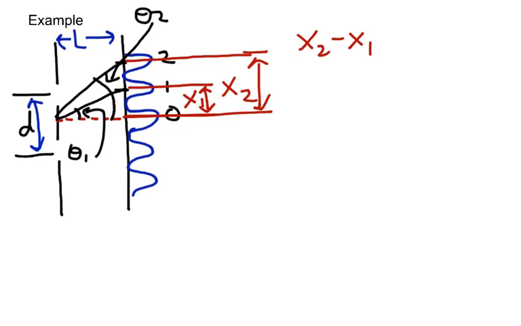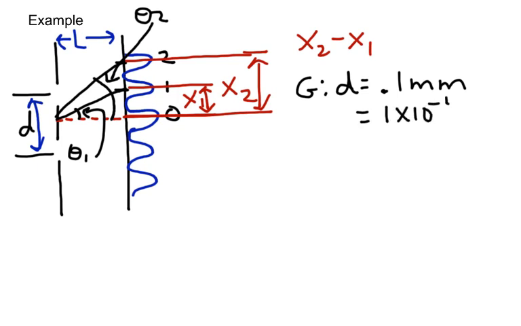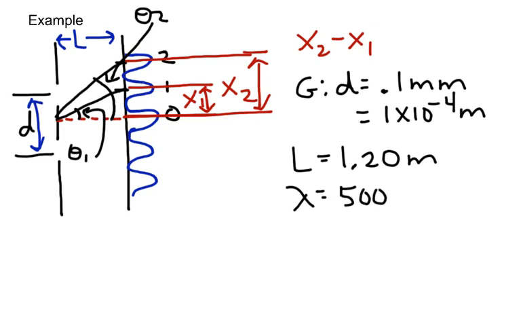Okay, so I've drawn my picture. Let's write out our given. So for our given, we do have a distance between the two slits, and it's 0.1 millimeter. And of course, that is going to be 1 times 10 to the minus 4 meters. Our L is going to be 1.20 meters, and my wavelength is going to be 500 nanometers.